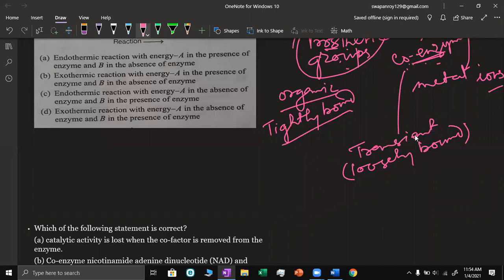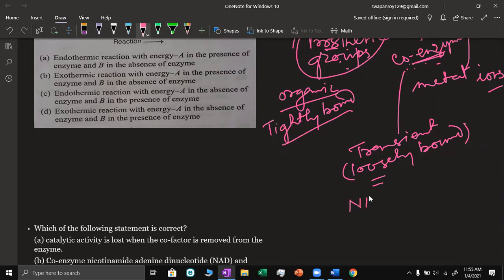And another thing is that one coenzyme may be part of several enzymes, because they are temporary. They get attached to the main protein part of the enzyme, and then after the reaction they come out. So one coenzyme may be part of the catalytic activity of several enzymes.